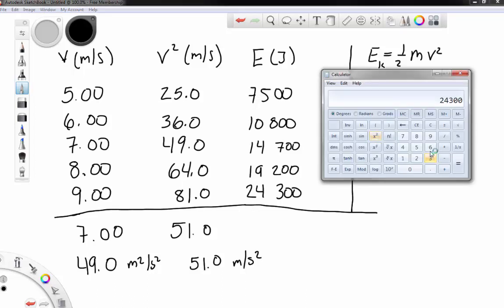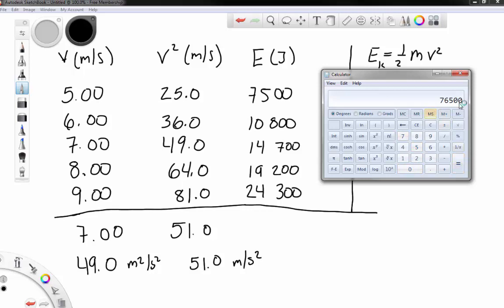I'm going to go in ascending order, so 24,300 plus 19,200 plus 14,700 plus 10,800 plus 7,500.